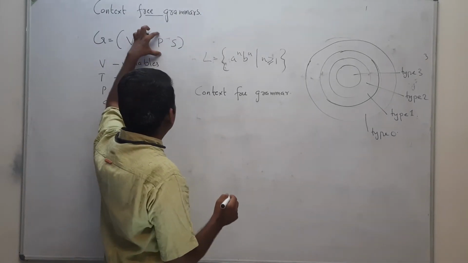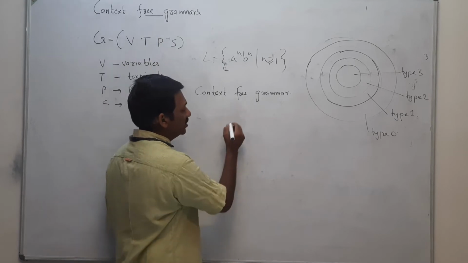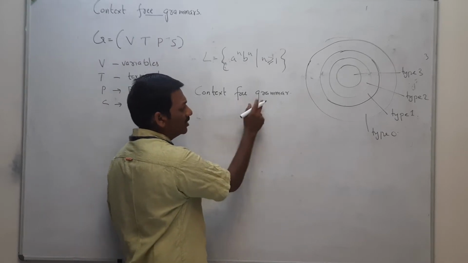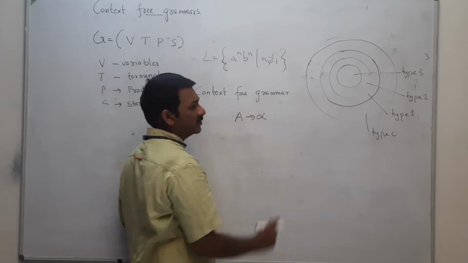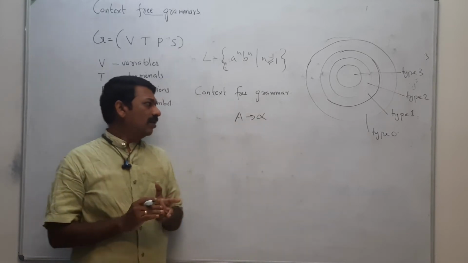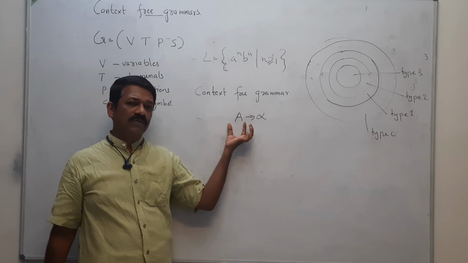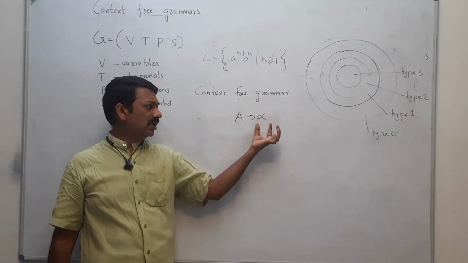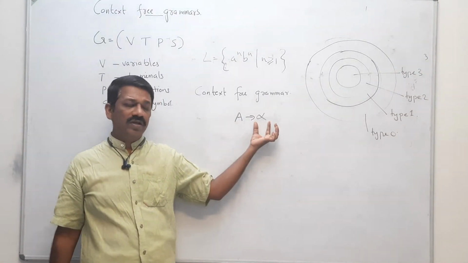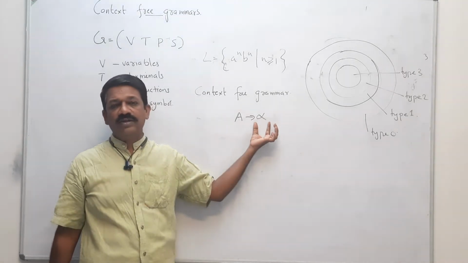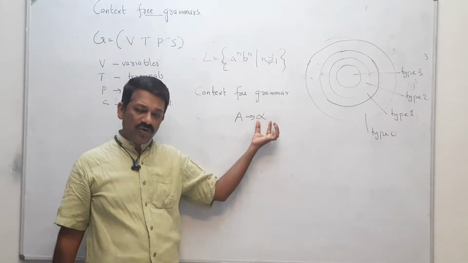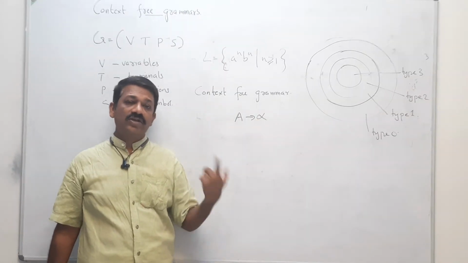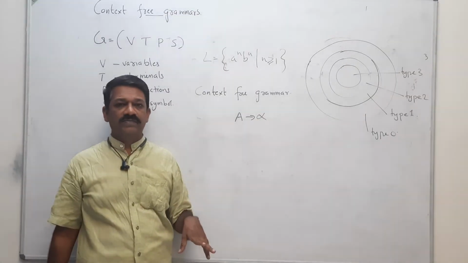Here, the condition is that a grammar is said to be context free if every production is of the form A derives alpha. That means a single non-terminal on the left hand side derives a set of terminals, non-terminals, or a set of terminals and non-terminals.